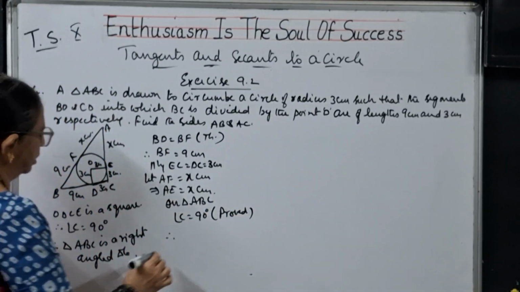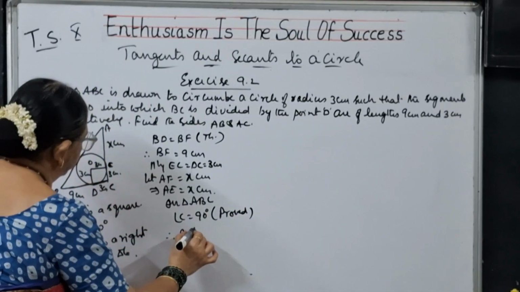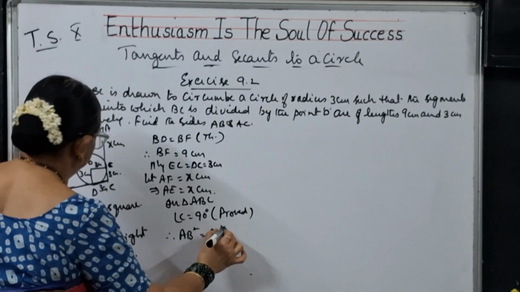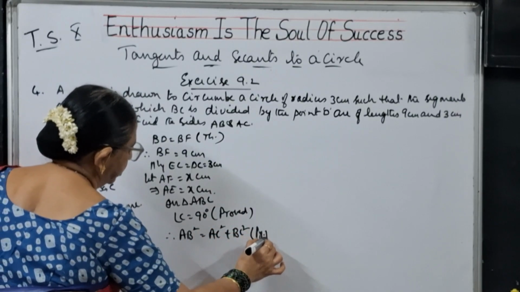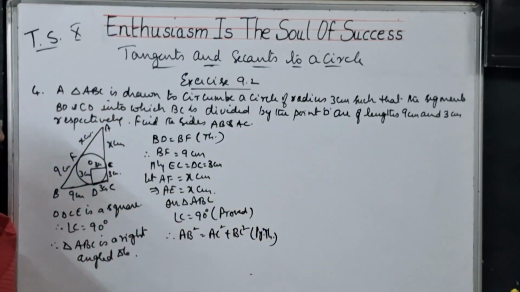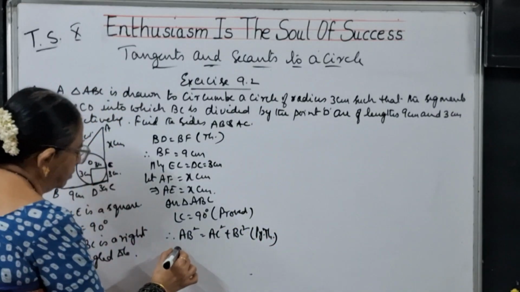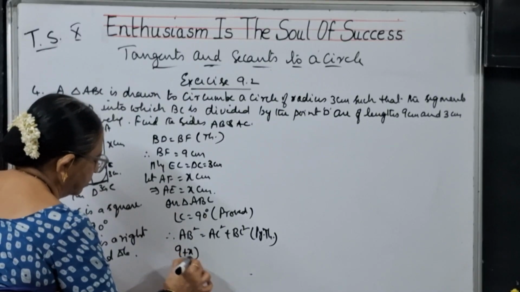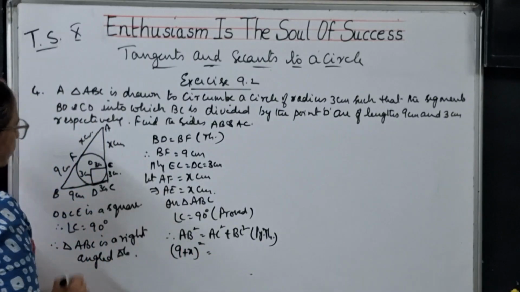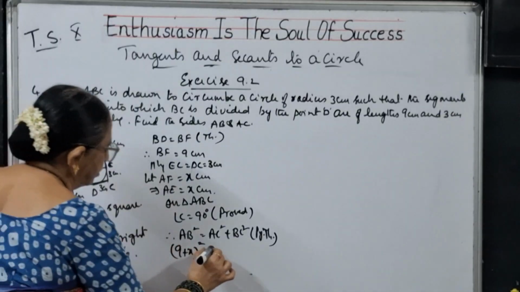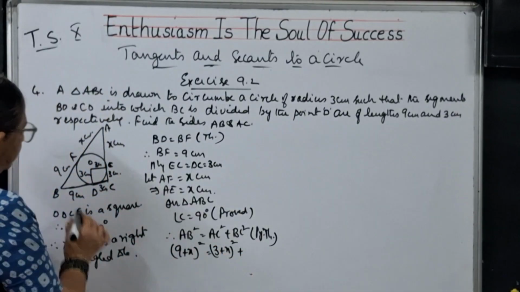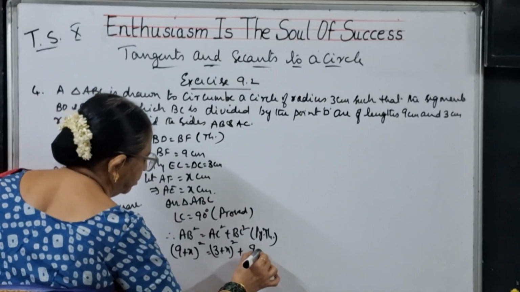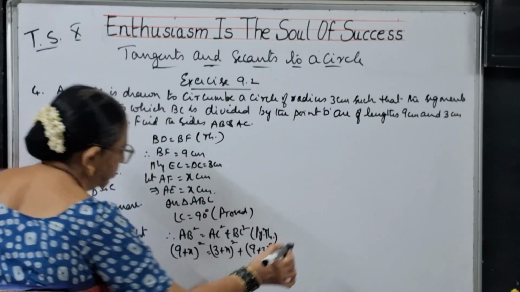Therefore, what you can say, AB square is equal to AC square plus BC square, basing on the Pythagorean theorem. So, what is AB? AB is 9 plus x, whole square, is equal to AC square, that is 3 plus x whole square, plus BC, that is 9 plus 3 whole square.